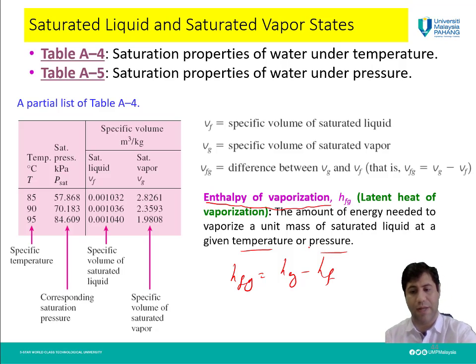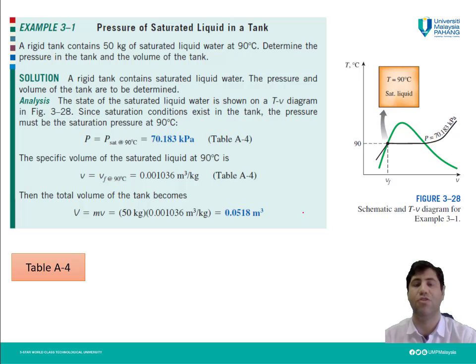Let's see in an example how we can use these two different tables. As I told you, the main advantage of these tables is to predict properties like V, U, and H by using just one property, like temperature in table A4 or pressure in table A5.